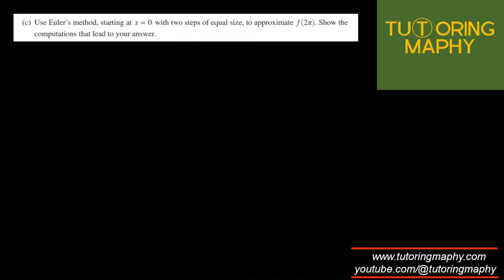Next one, they are talking about Euler's method. So we need to use Euler's method to approximate f of 2 pi and show the computation. I think we're going to make a table here starting from x. In fact, let me make x, y. Then I need the derivative at that particular point x, y.